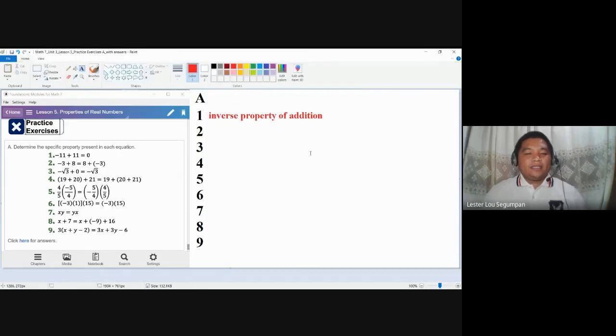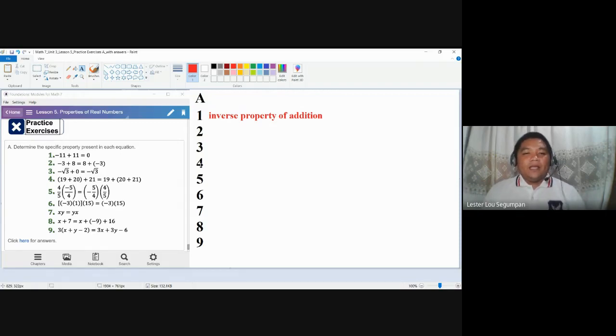Why? Because here we have negative 11 and a positive 11. We have the presence of opposites, and when we add opposites, the result is the identity element of addition, which is 0. Right? So number 1 covers the inverse property of addition because there's a presence of opposites on one side of the equation.